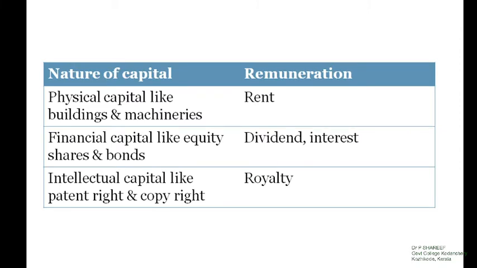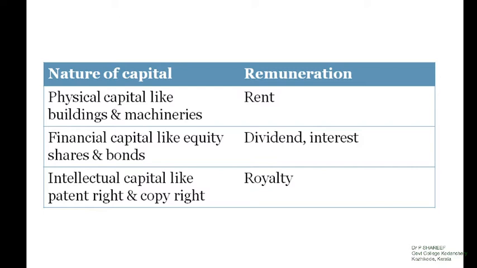This table shows three forms of capital and the respective remuneration given to the owner of such capital. Physical capital like buildings and machines will get rent as remuneration.